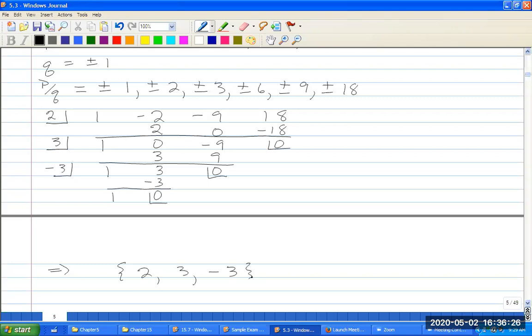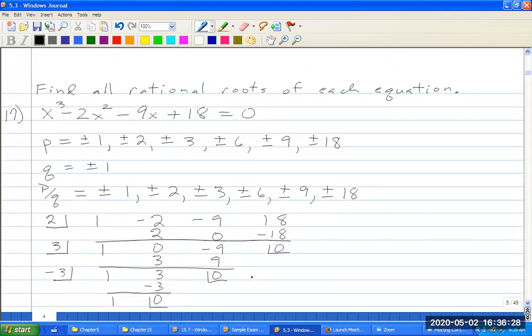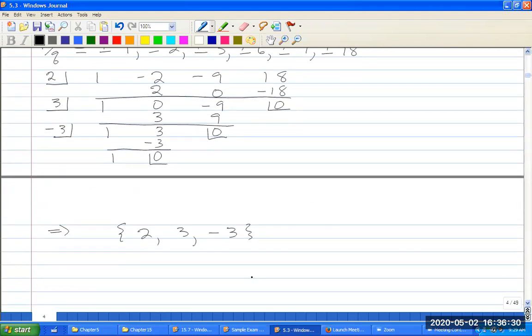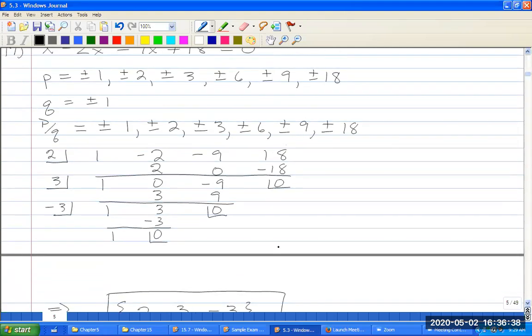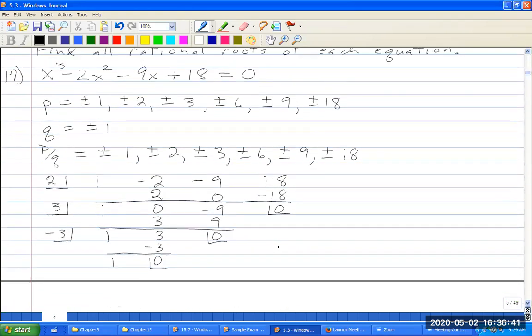I actually have 3 roots to a cubic, so this is actually every root to my polynomial. So I've actually solved this polynomial. I found every rational root to this polynomial, all three of them. I found every root to this polynomial. Let me do another problem.